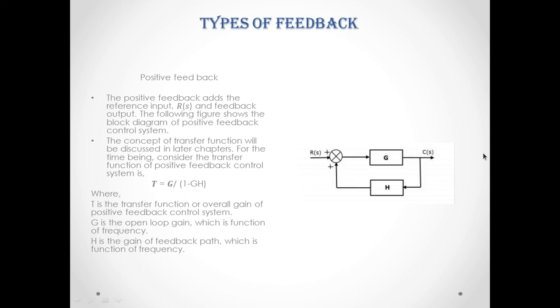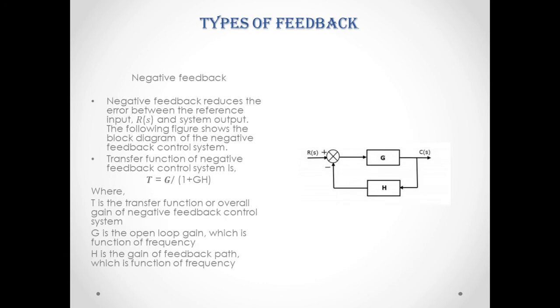Thus, in case of positive feedback, the transfer function will be T equals G divided by 1 minus G multiplied by H. And in negative feedback, the transfer function changes, T equals G divided by 1 plus G multiplied by H.